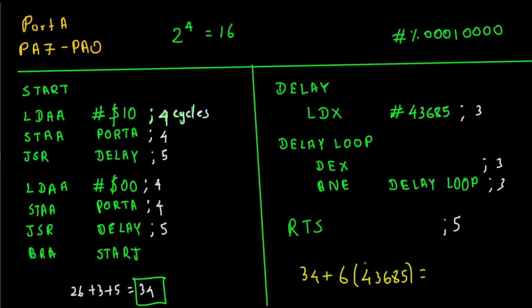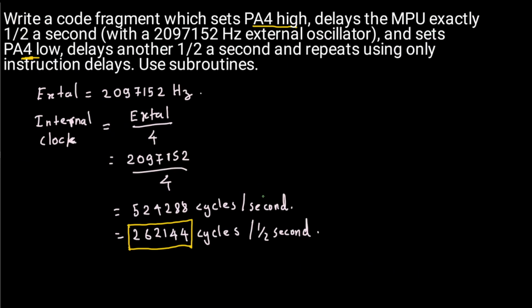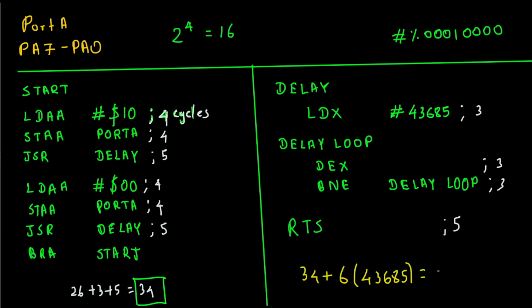I do the big one first. 6 times 43,685 gave me 262,110, and I am adding 34 to it. That gave me 262,144. Is that the one we have? Yes. So that means it is done perfectly.